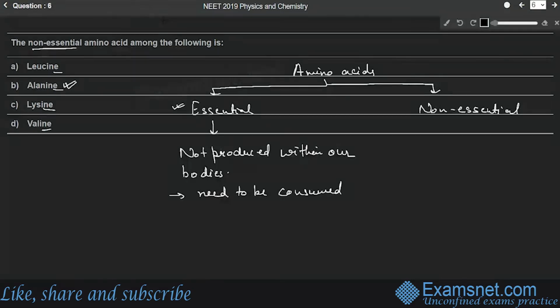Whereas non-essential amino acids are produced inside our body. Therefore, it is not required to consume these amino acids. Okay, so these need not be consumed.